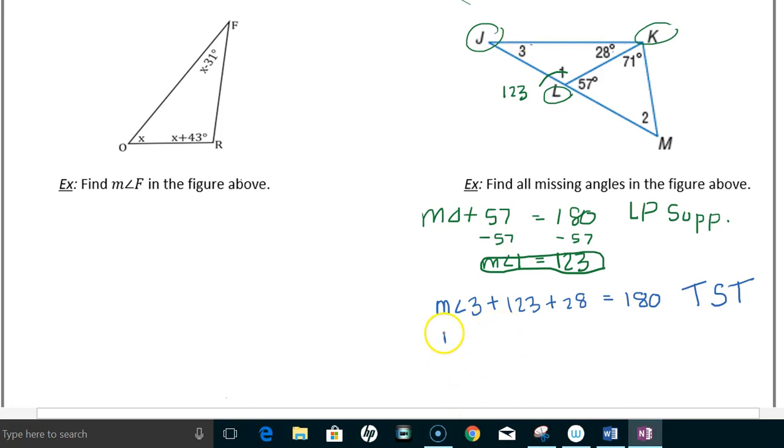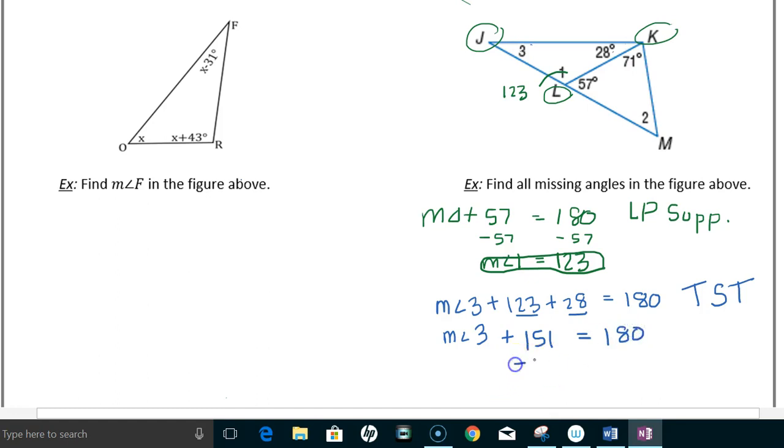The Triangle Sum Theorem states that the sum of three angles in any triangle is always 180 degrees. So, let me combine like terms. I've got 123 plus 28. So I know 123 plus 20 would be 143, and I know 3 plus 8 is 11. So I've got 151. So measure of angle 3 plus 151 has to equal 180 degrees.